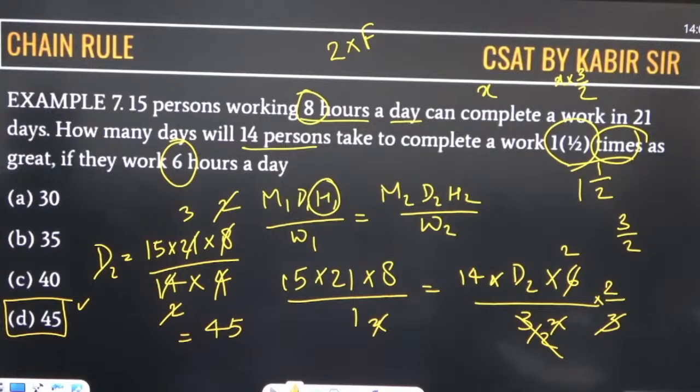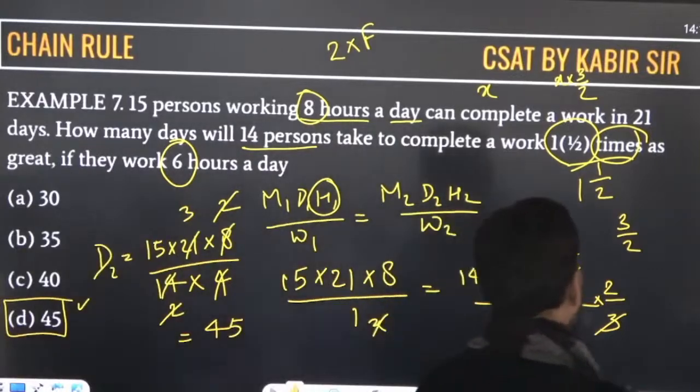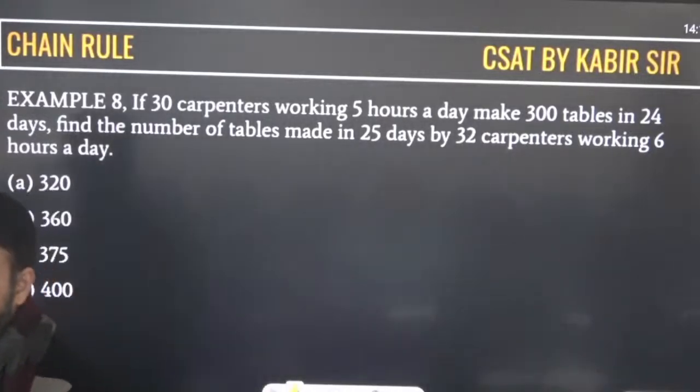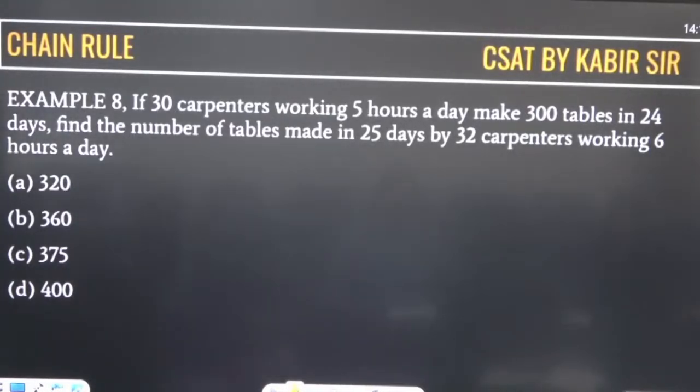Can we move to the next question? If 30 carpenters working 5 hours a day make 300 tables in 24 days, find the number of tables made in 25 days by 32 carpenters working 6 hours a day.